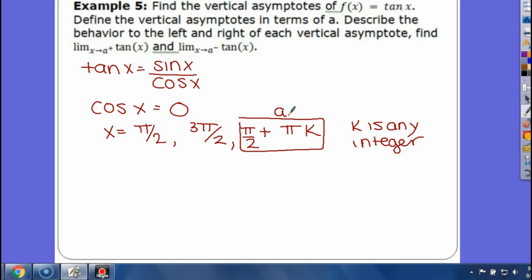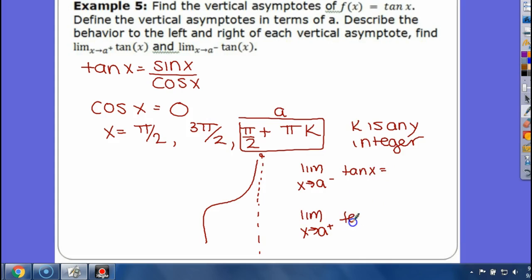So what that means is that if I were to graph tangent, does tangent start at the bottom or the top? If this right here represents a, the limit as x approaches a from the left versus the limit as x approaches a from the right, for tan x is equal to what?